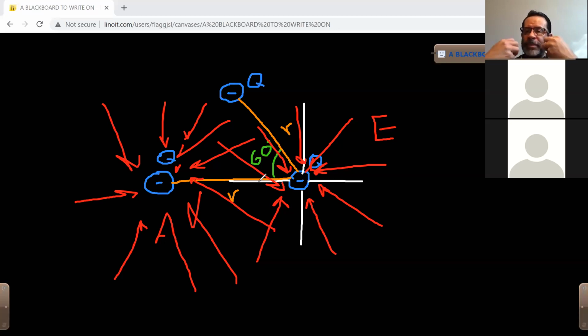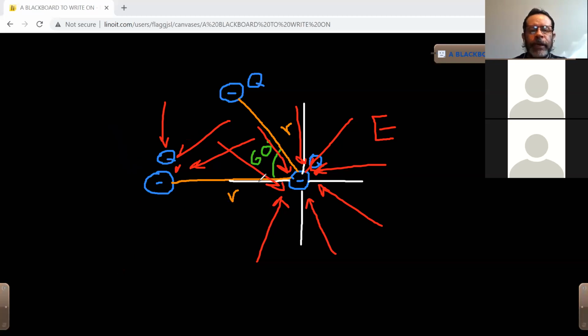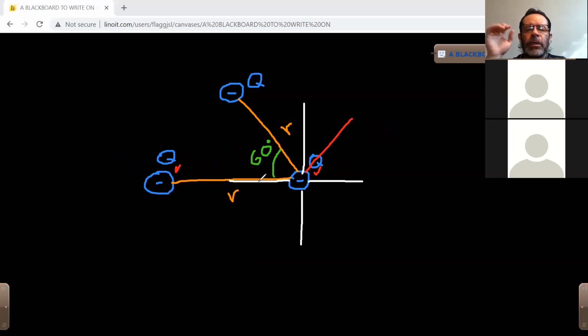So that opposition generates the repulsion, always. Is this part clear up to this point? Yes. Okay, good.